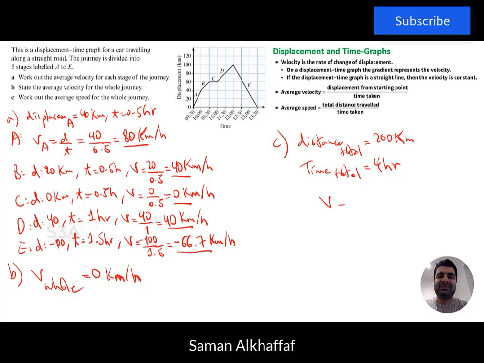So the speed will be distance over time, so that will give us 200 over 4, which gives 50 kilometers per hour. So this will be our answer for part C of this question.